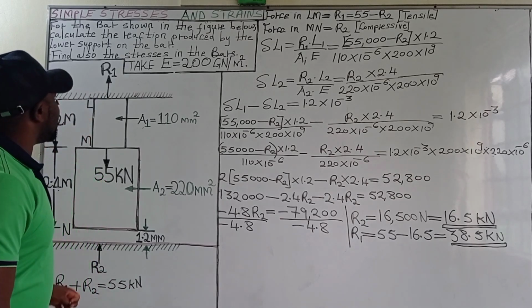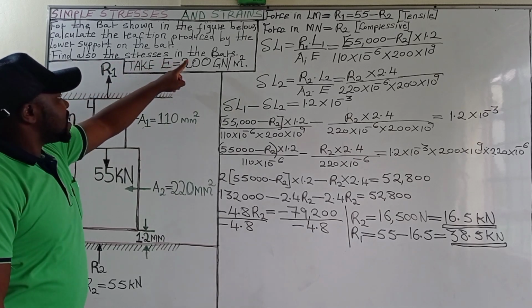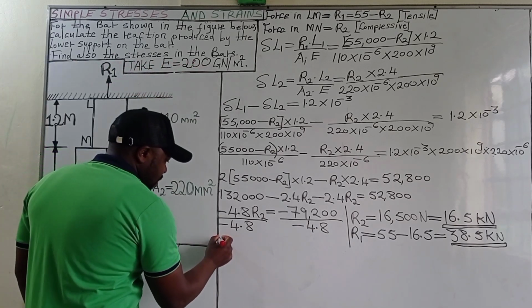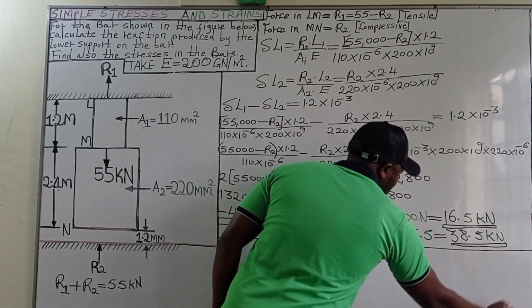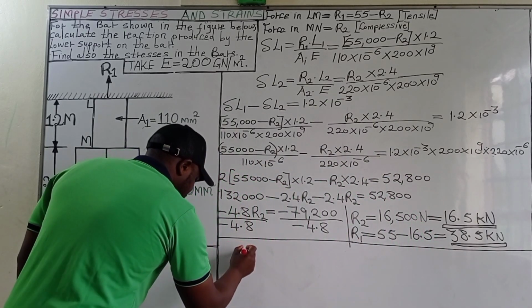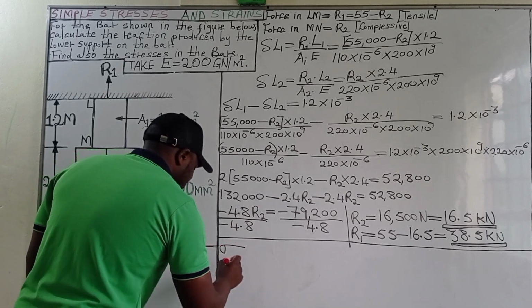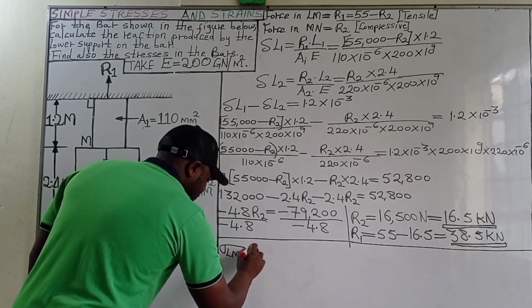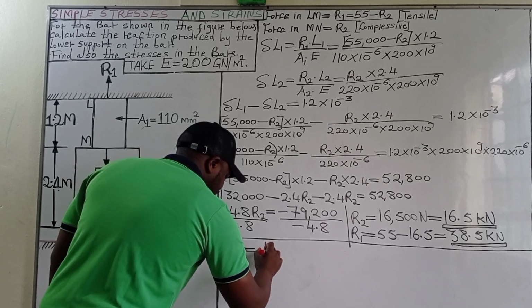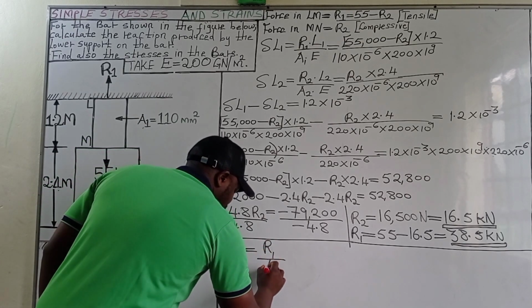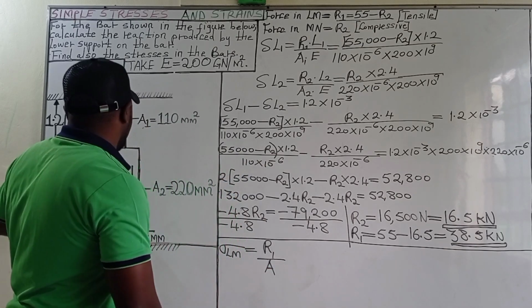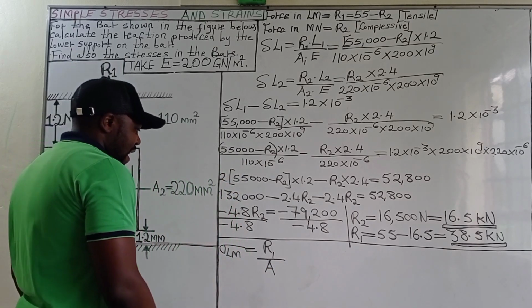The second part of the question, find also the stresses in the bars. So the stresses in the bars will be as follows. Now, we know that stress, let's start with stress in the upper bar, that is Lm. Stress is given by force, and in this case the force is R1 divided by cross-sectional area of the bar Lm.